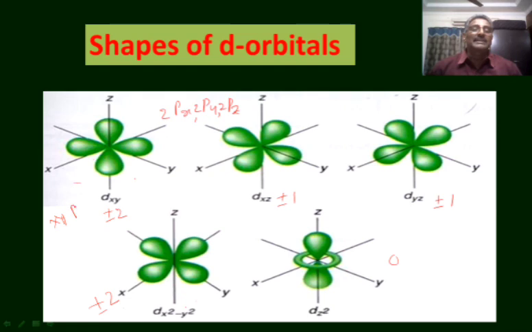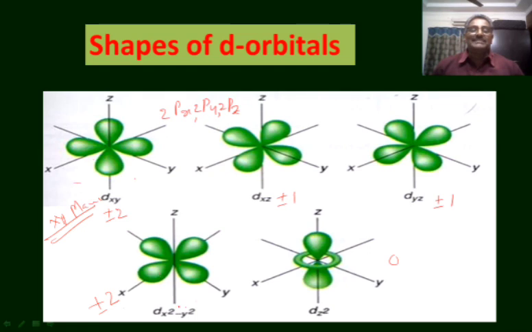In both orbitals, the lobes are oriented in the xy plane. But in the dxy orbital, the lobes are in between the axes.